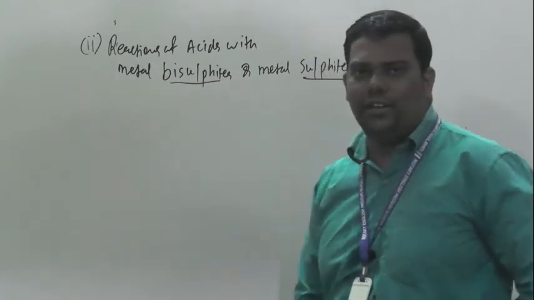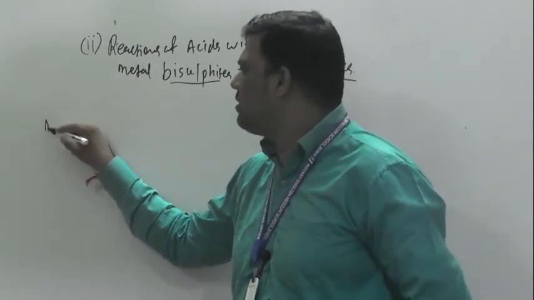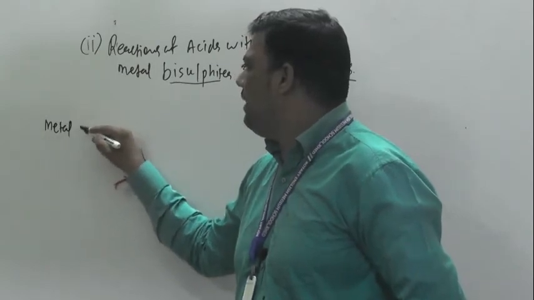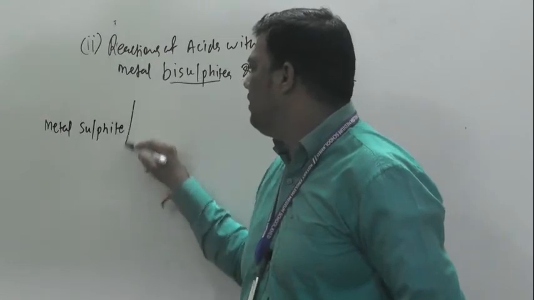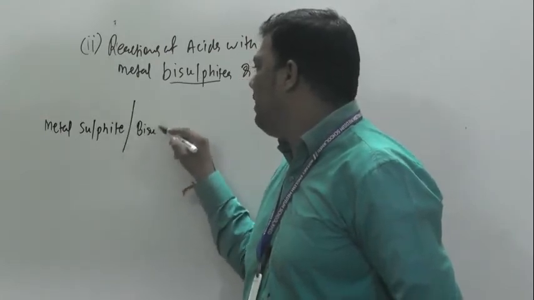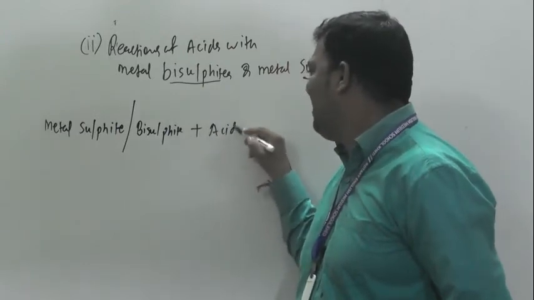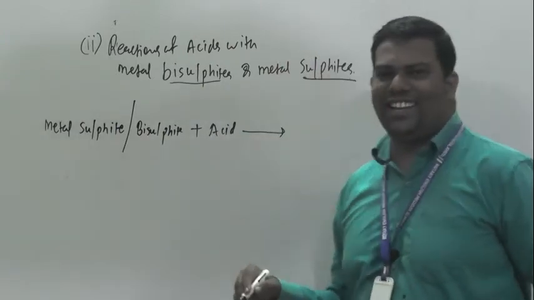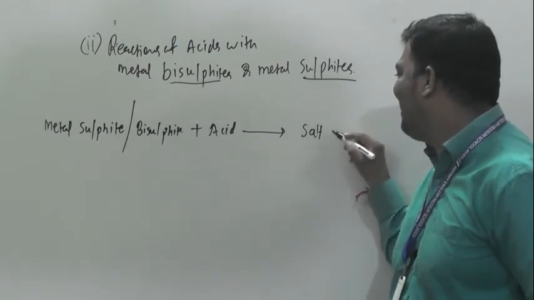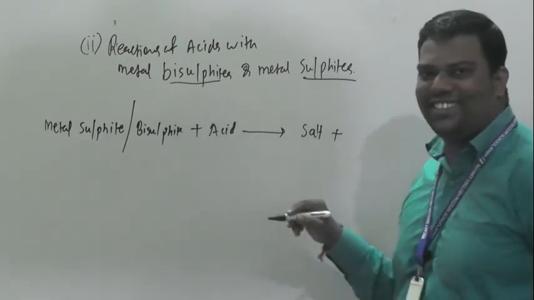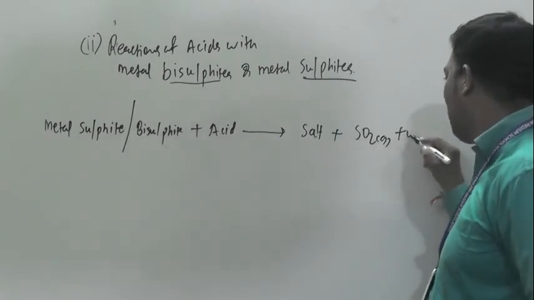First we will write the general reaction. Metal sulfite or bisulfite plus acid, you will get the salt of that, plus SO2 gas plus water.